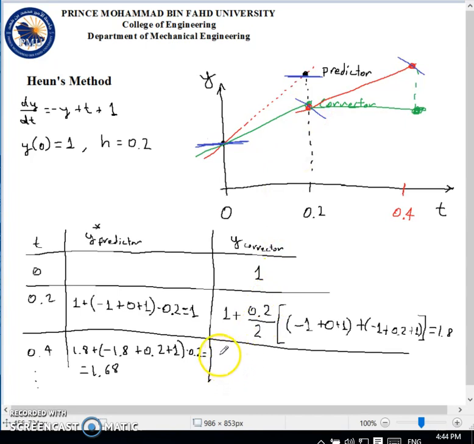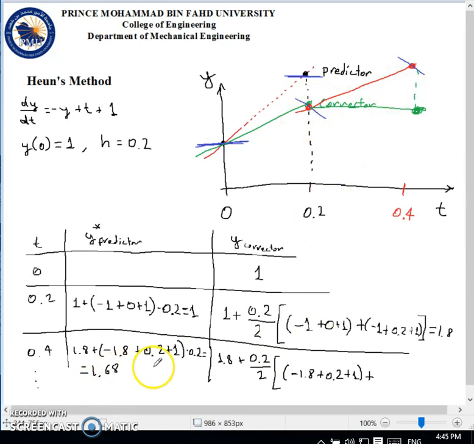So to find the corrector now, as we did in the previous step, we need to take this point here, so 1.8 plus the step over 2. We said the over 2 implies the average of the two slopes, and the two slopes are at the previous point here, so that's going to be y 1.8 and t 0.2 placed into this equation, so minus 1.8 plus 0.2 plus 1, and the slope on the new predictor over here is going to be minus y.